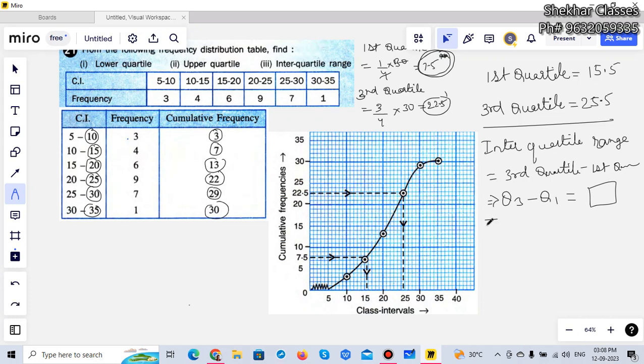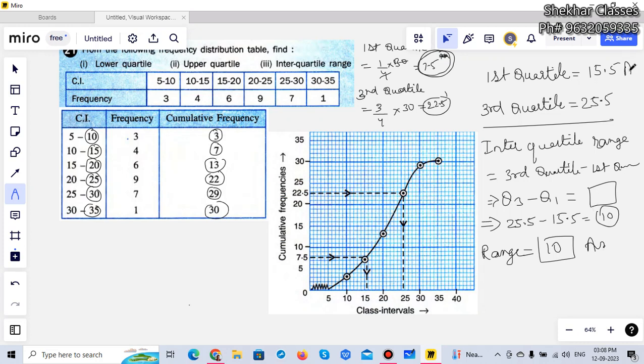Q3 is 25.5 minus 15.5. So it will give you how much? 10. So the interquartile range is 10. This is the answer here.